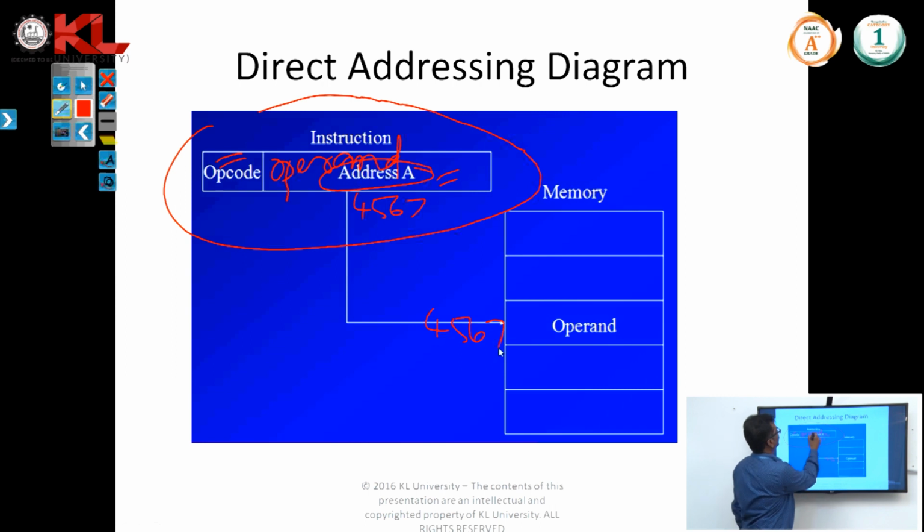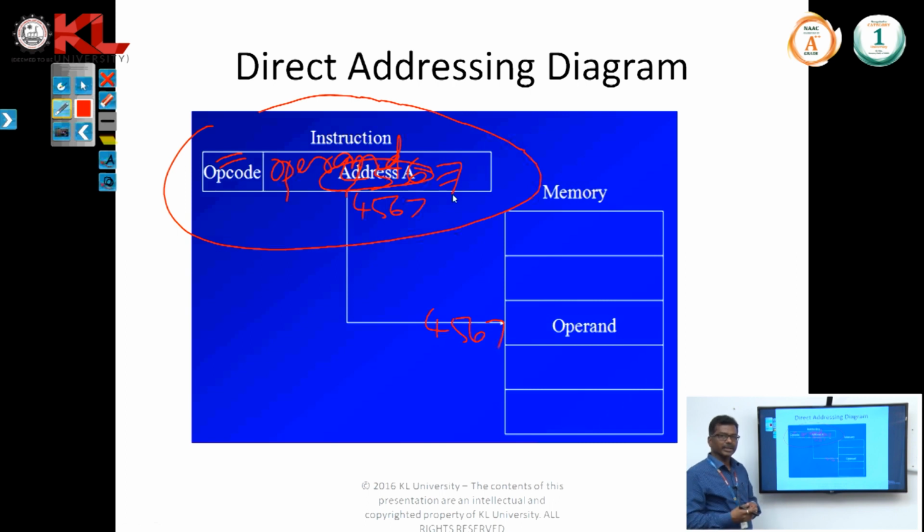So here we are going to have 4567. That means the address of this operand is 4567 and it is directly present in the address field. This is what is called direct addressing mode.